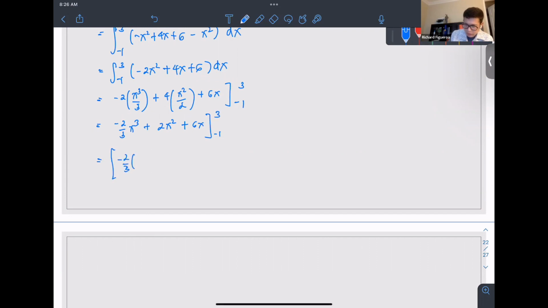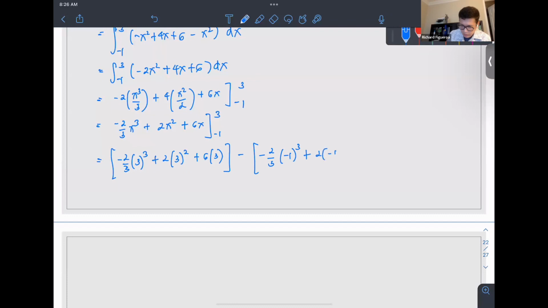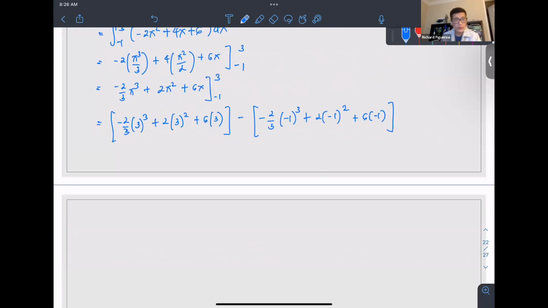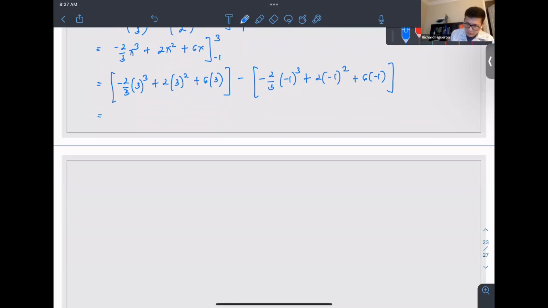So we substitute the upper boundary, which is 3, so that makes it -2/3 times 3 raised to 3 plus 2 times 3 raised to 2 plus 6 times 3. Then minus -2/3 times -1 raised to 3 plus 2 times -1 raised to 2 plus 6 times -1. So we substituted the upper boundary, which is 3, then the lower boundary, which is negative 1.